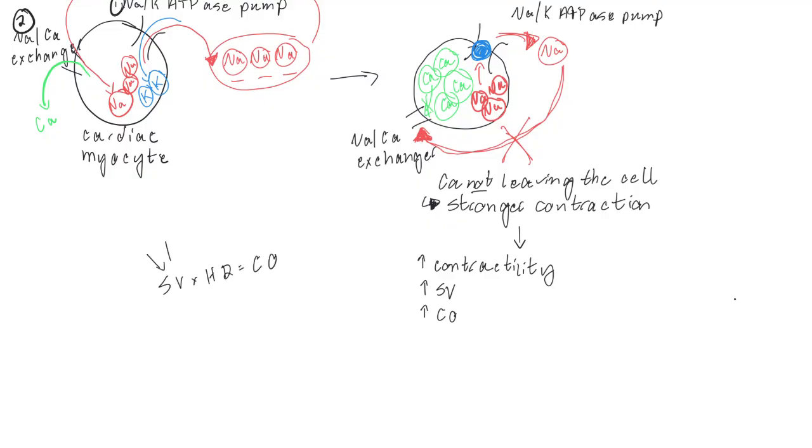And the things that impact stroke volume are preload, afterload, and contractility. So here we have the contractility increasing, which means the stroke volume is increasing, which means the cardiac output is going to increase, which means we're going to have improved oxygen delivery.